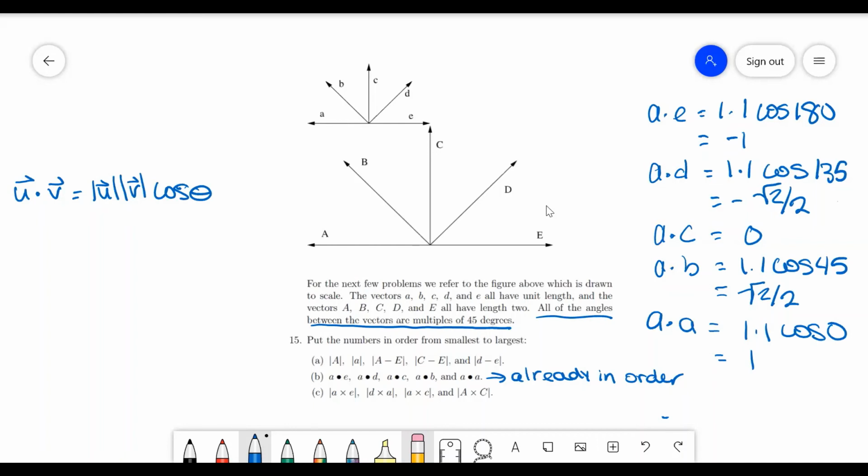Anytime two vectors are perpendicular to each other, like A and C are, their dot product will be 0. And then the greatest dot product is achieved when you're taking that vector dotted with something that points in the same direction as it, either that particular vector again, or maybe a scaled version of it. So that's pretty much all there is to working with the dot product case.